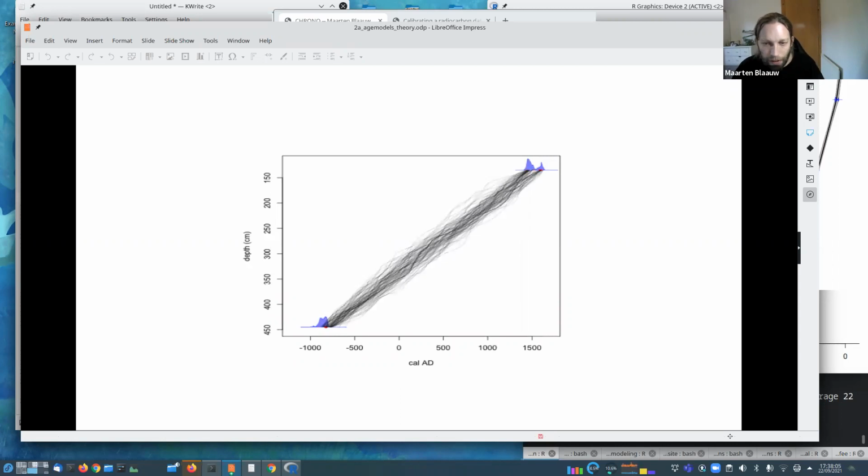These are Bayesian models, which don't just throw straight lines between dates, but through some random processes take steps from one date to the next. If there are fewer dates, those steps will diverge more than if there are more dates. If there are more dates, the steps will be neatly together, because there's lots of information to choose the model. But if there's little dating information, there will be more divergence and more uncertainty, which is exactly what we should want.